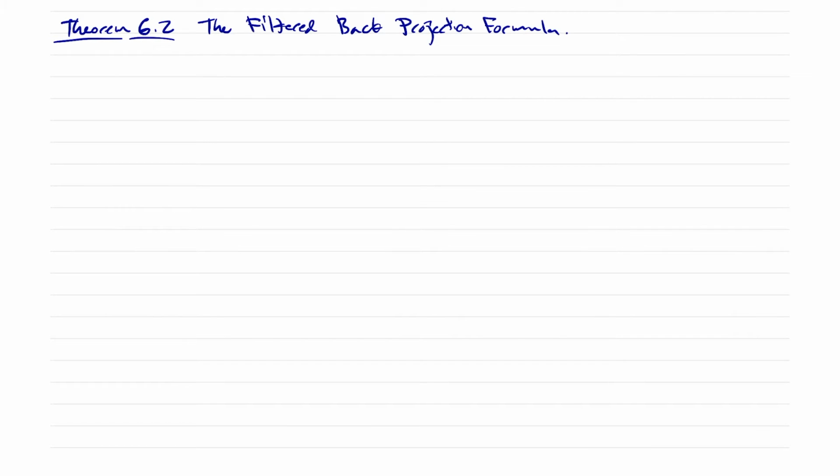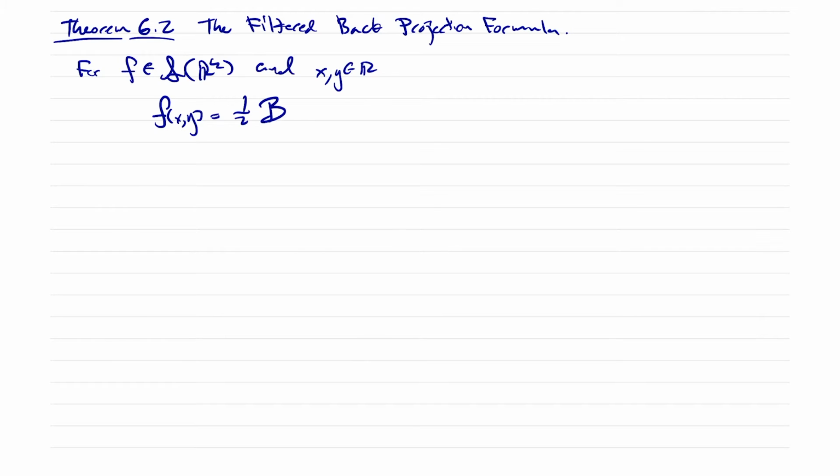All right, and so basically it says for f in the Schwartz space, again, the author is just saying a suitable function defined in the plane, and x and y real, we have f of xy is equal to 1/2 of the back projection of the inverse Fourier transform applied to the norm of the frequency times the Fourier transform of the radon transform of f at s comma theta, again with the Fourier transform being applied to the first variable here, and this evaluated at xy.